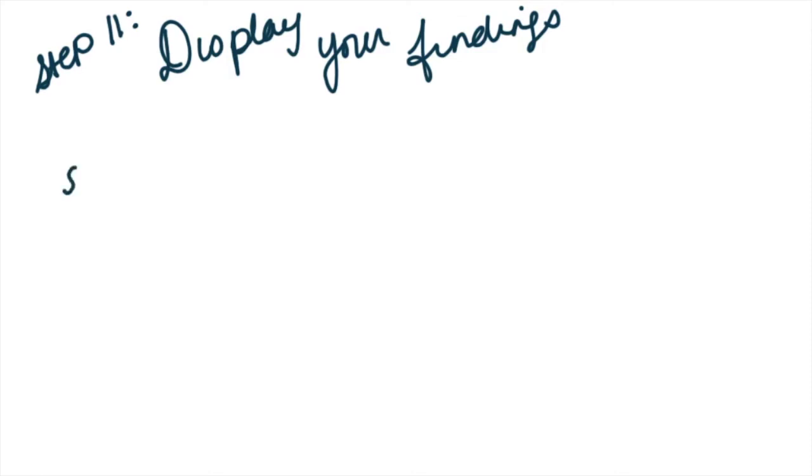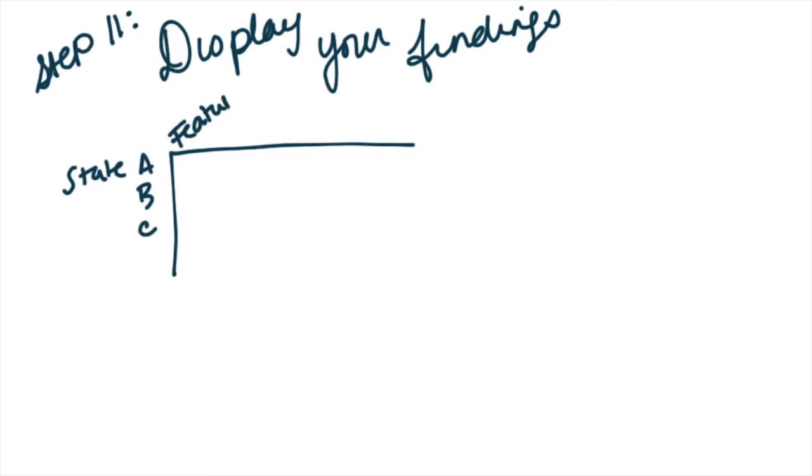Then, once you have coded all of your laws, you will have your data set. And your data set will look, this is what I was describing in the last step. You will have your states or the laws in that state, and then you'll have the features.